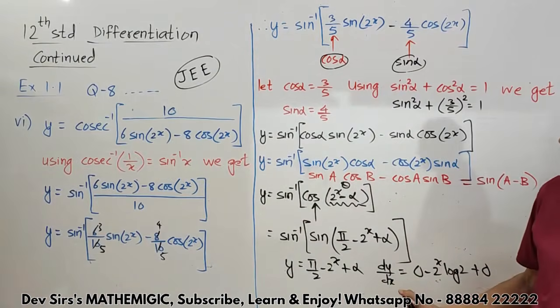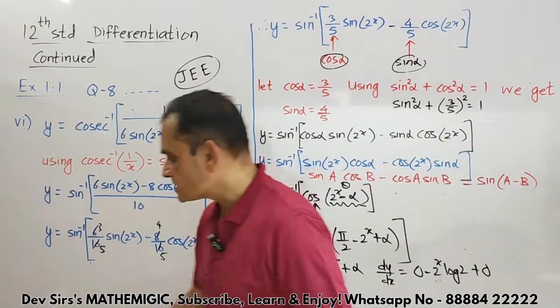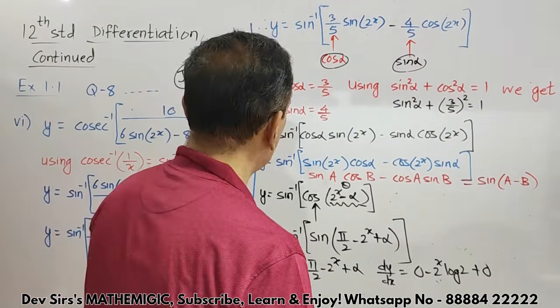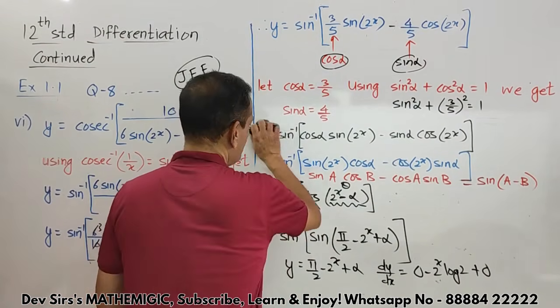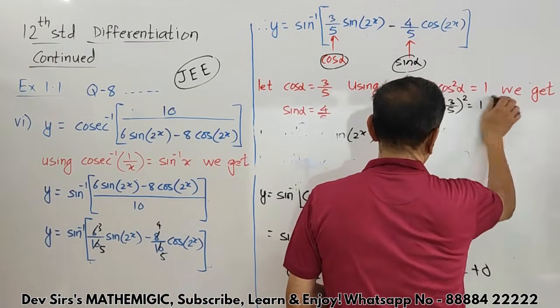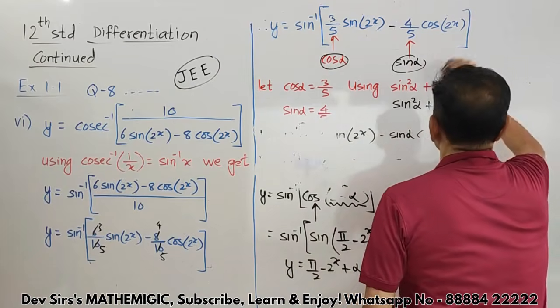Let us just take one sum which we will discuss orally, a similar sum from that same exercise. It is a simpler sum. Let's go ahead with that. So this type is now clear to you.